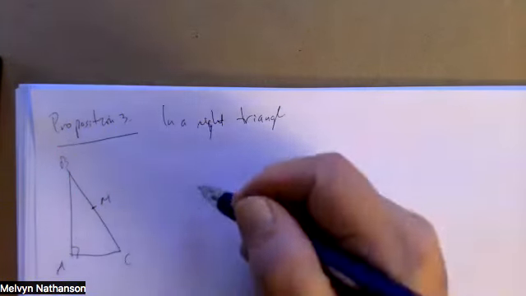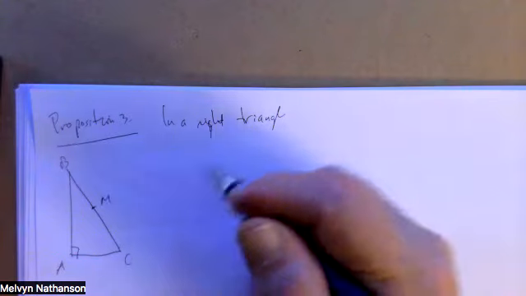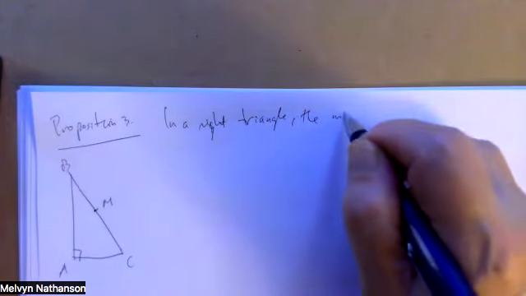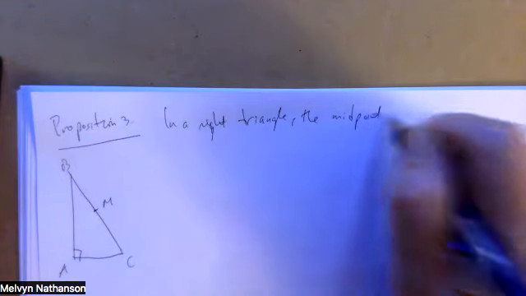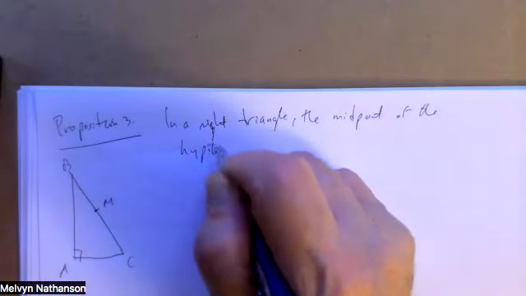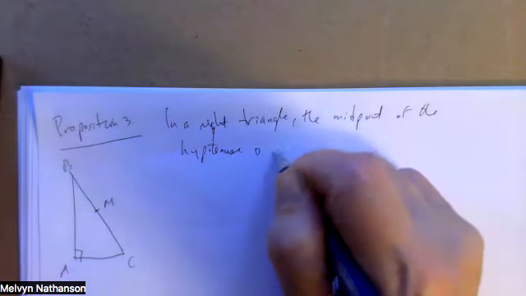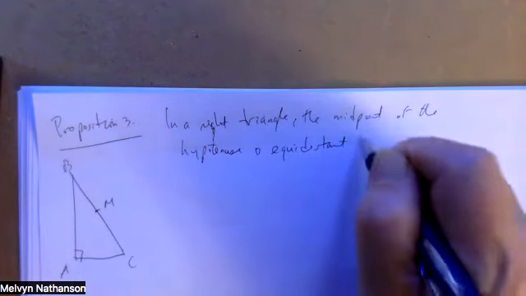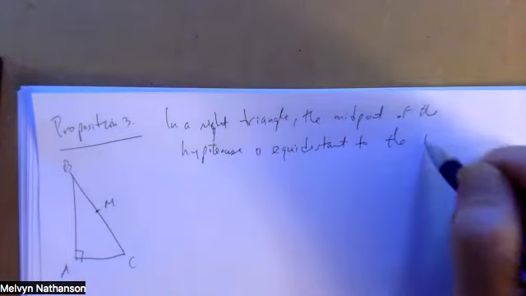Take the midpoint M. So in this case, in a right triangle, the midpoint of the hypotenuse is equidistant to the 3 vertices.